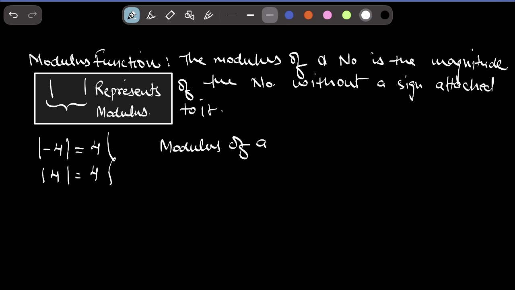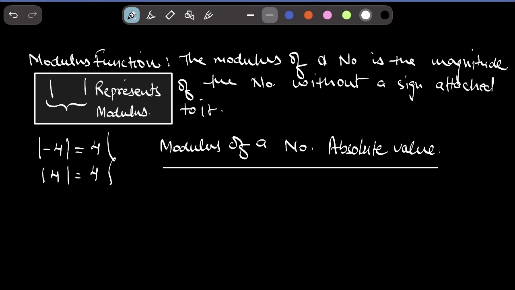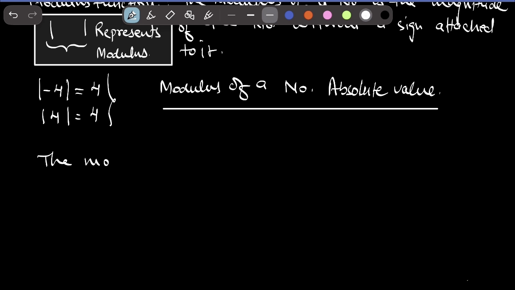Modulus of a number is sometimes also referred to as absolute value. The modulus of x, if I want to represent it, can be written as mod of x equals plus x, or it can be equal to 0, or it can be equal to minus x.